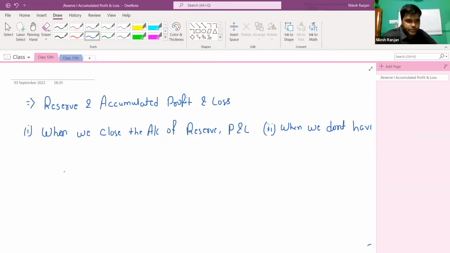Okay, so actually reserve balance is always on the credit side. You are thinking about the balance sheet, but the balance sheet does not have debit or credit.